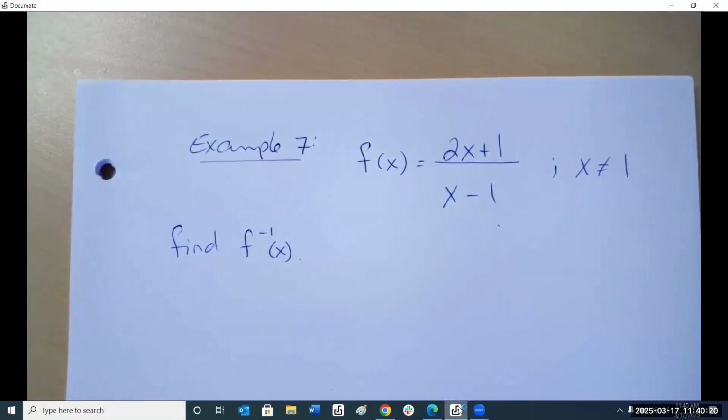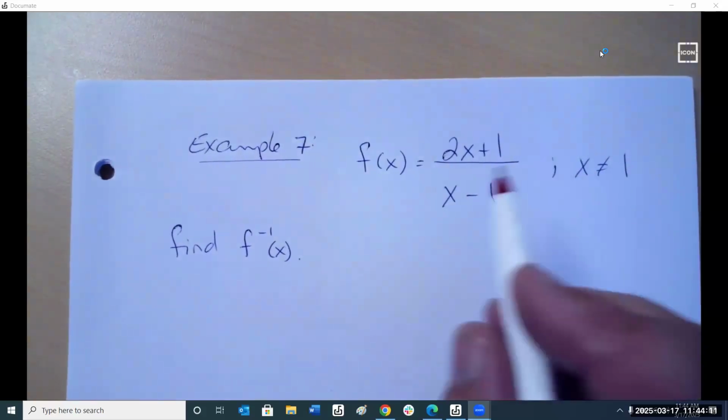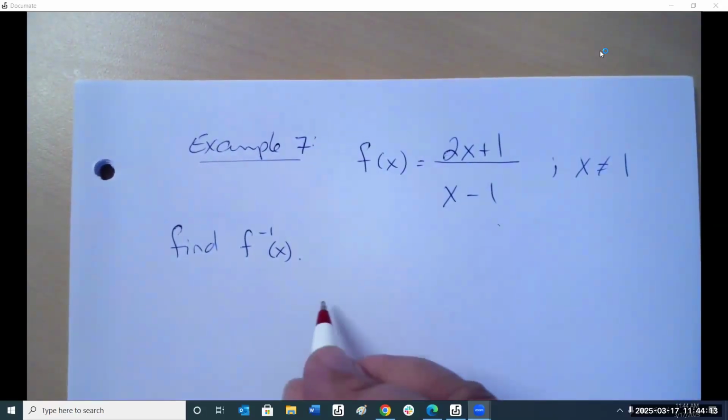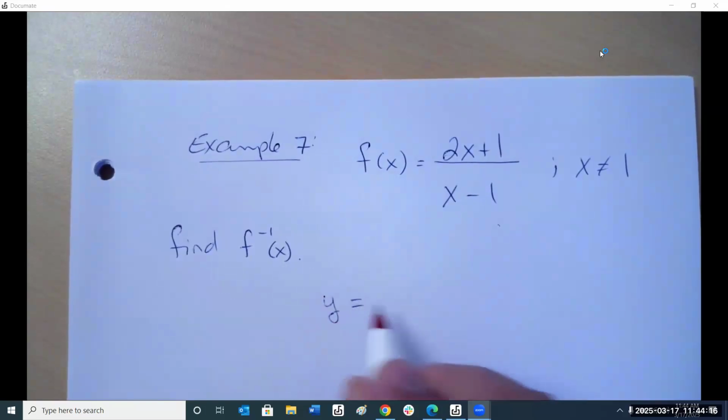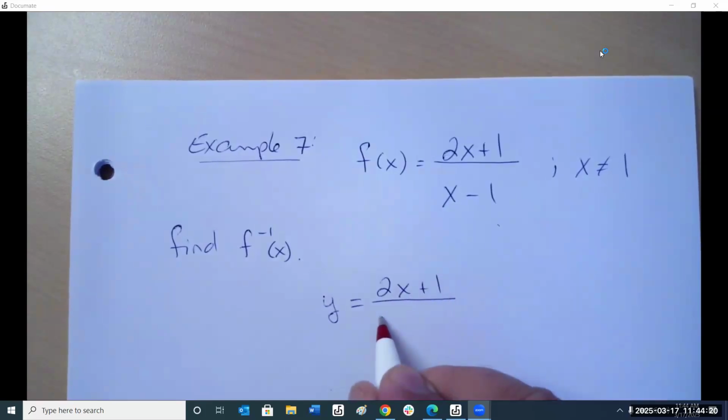Let me put it on pause for y'all. All right, to find the inverse, the first thing you have to do is what?